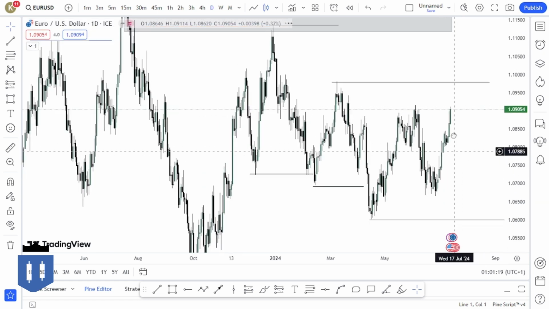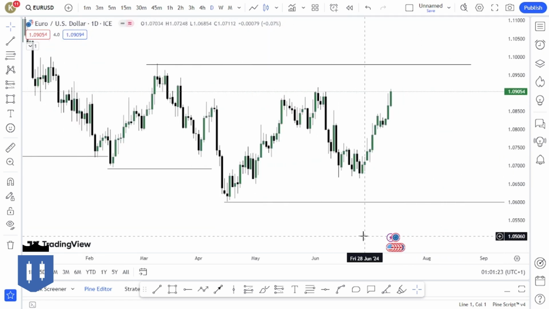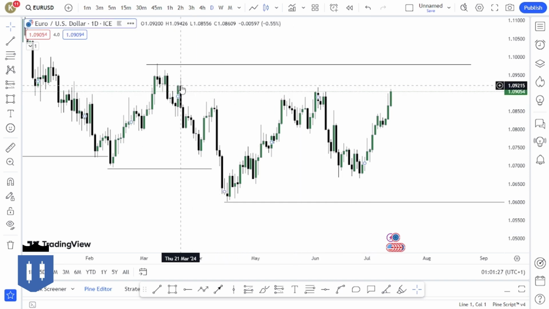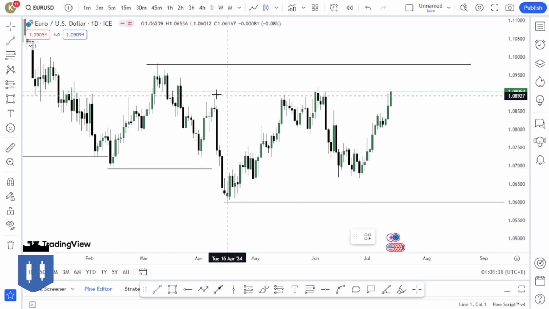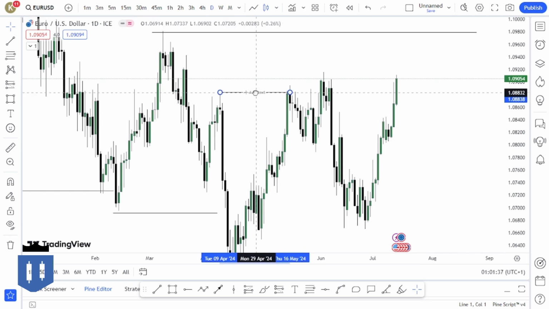Okay, so looking at the daily, do you see any point of interest price reacting from? Well, what you notice is that there is something like this, on the weekly time frame.